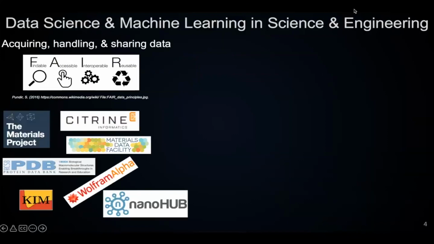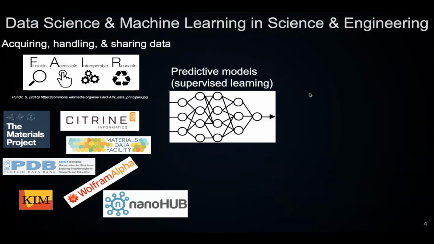Over the last decade or so, there's been a range of infrastructures that have been developed to better handle data. These are some examples of platforms where researchers can upload their data and other researchers can automatically, using machines, query the data and extract the data that they need. And we're going to see with an example how that works in a few minutes.